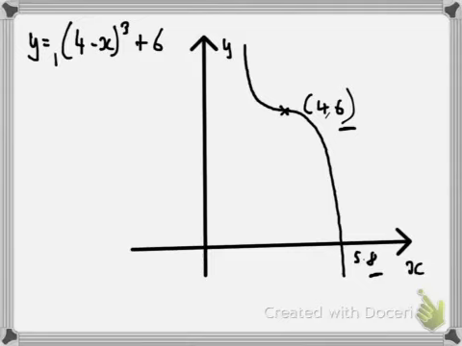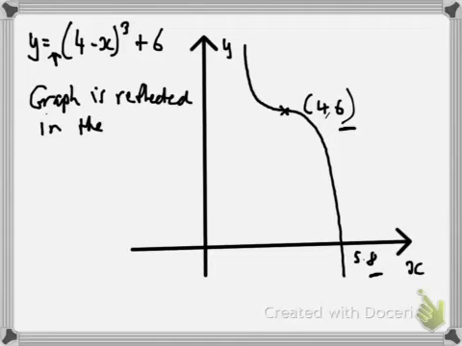There's no number in front of the bracket there. The graph is reflected in the y-axis. That's due to that negative x inside the bracket. Okay, the negative is outside the bracket, reflecting in the x-axis. The negative is inside the bracket, reflecting in the y-axis.